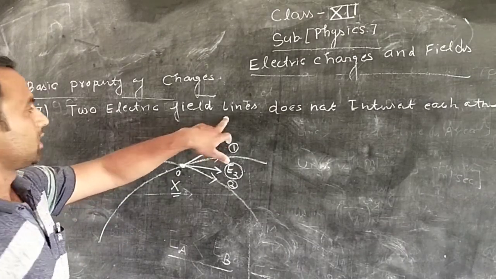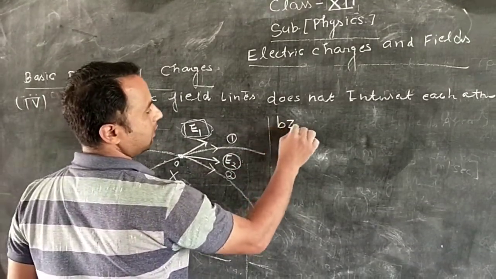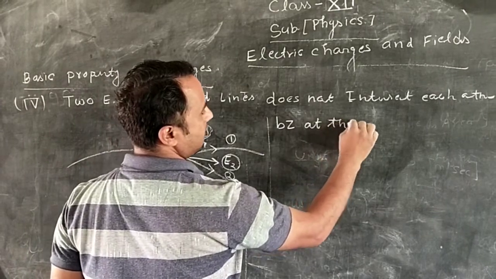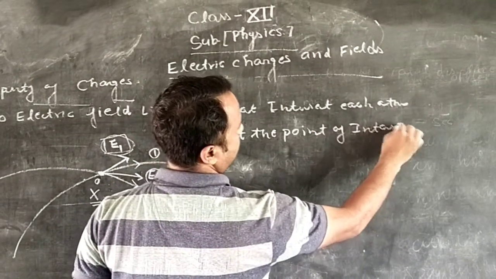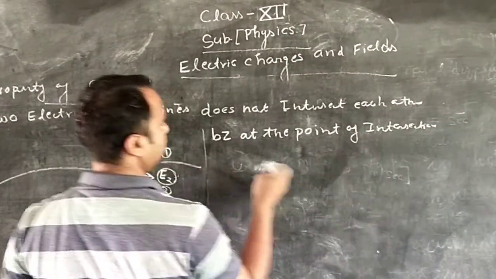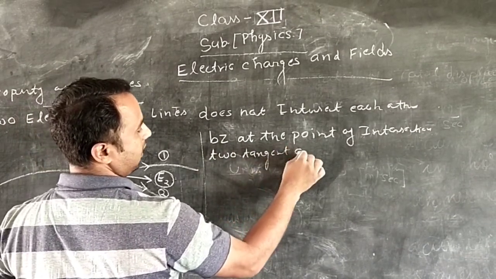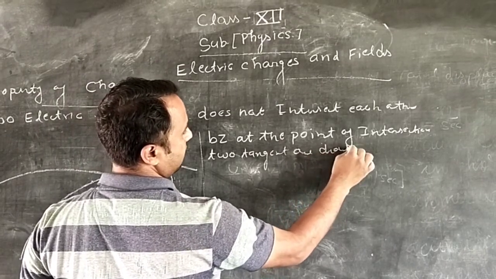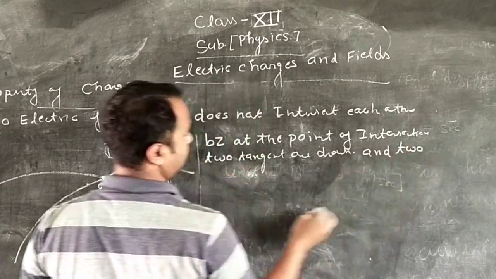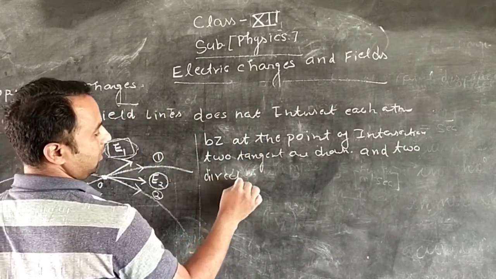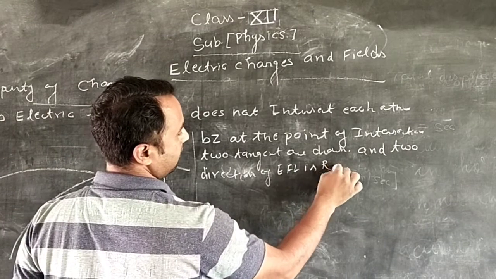This is the important basic concept. Two electric field lines do not intersect each other because at the point of intersection two tangents are drawn, and two directions of the electric field line are represented.